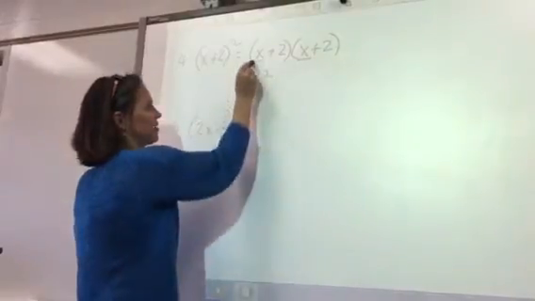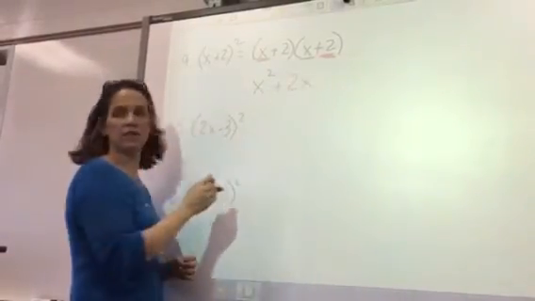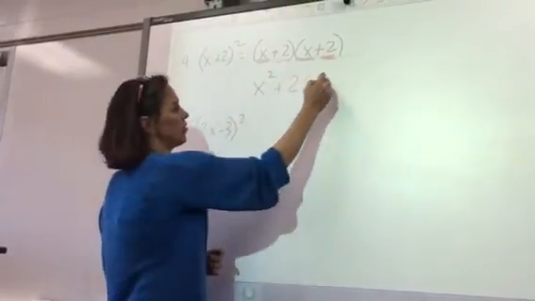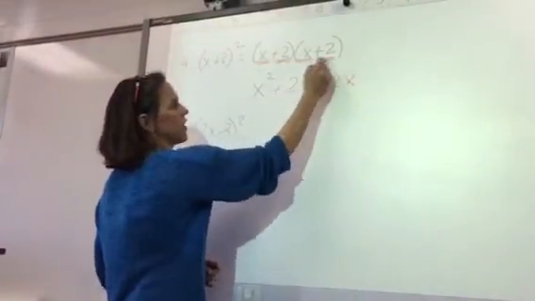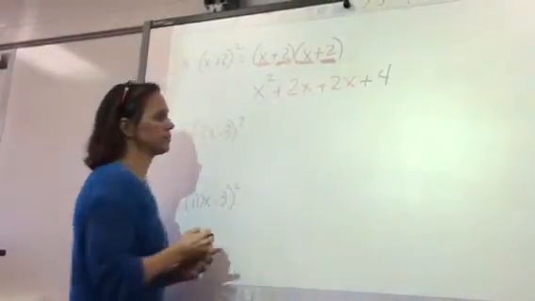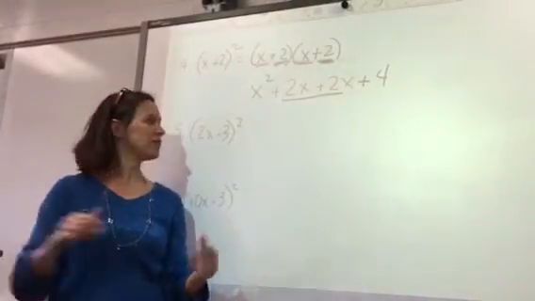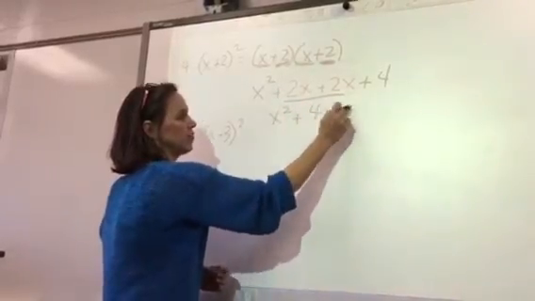Then we're gonna do the outside times the outside, gives me 2x. And the inside times the inside gives me another 2x. The last times last, 2 times 2 is 4. And generally speaking, those are going to combine. So we have x squared plus 4x plus 4.